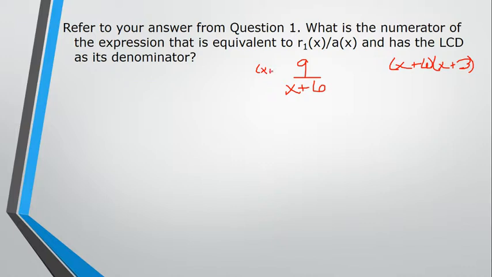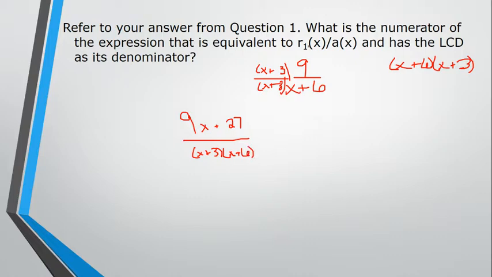So we're going to multiply the top by x plus 3 and the bottom by x plus 3, because that's the same as multiplying by 1, so we're not changing it. So I'm going to distribute my 9 to the x plus 3. So I'm going to end up with 9x plus 9 times 3 is 27. And that would be over my LCD of x plus 3 times x plus 6.